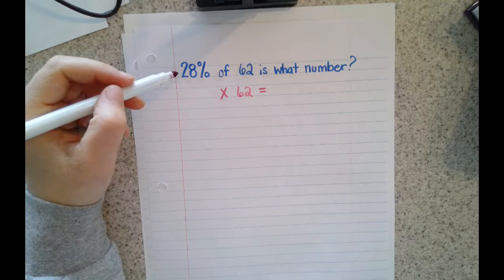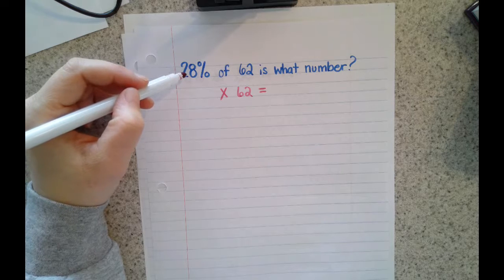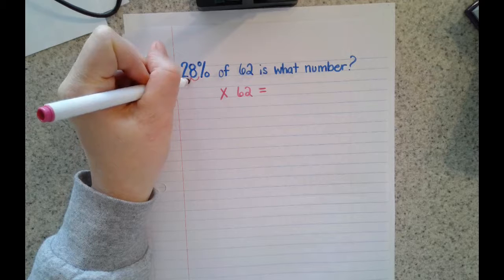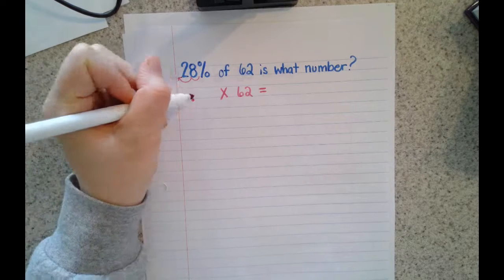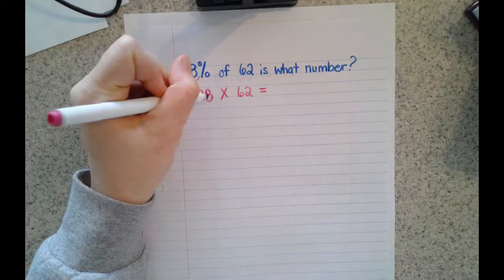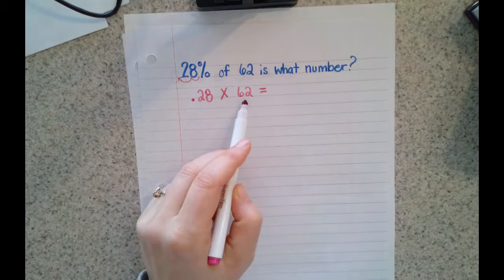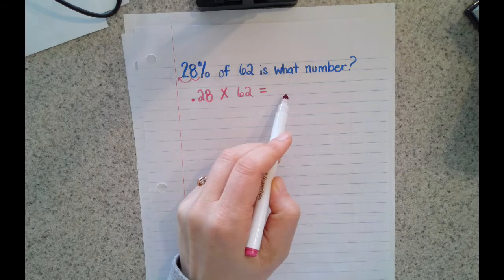And because we cannot do math with a percent, I need to make 28% a decimal number before I drop it down. So I just move the decimal over 2 spaces to the left. This becomes 0.28. 28% of 62 is what number?